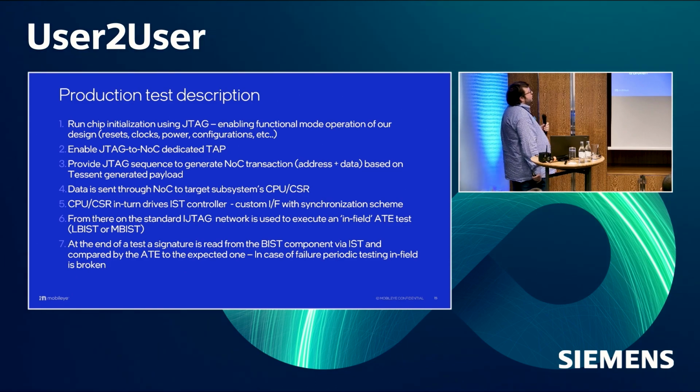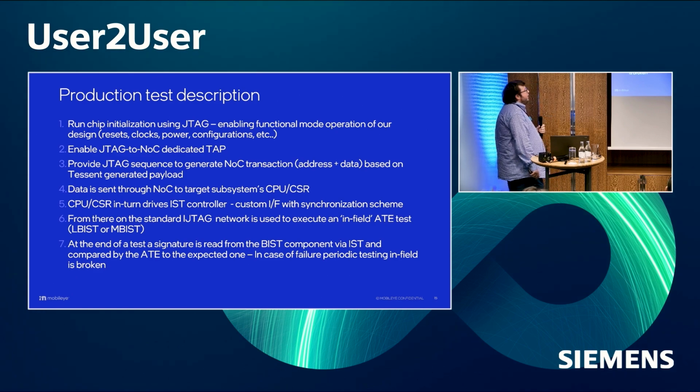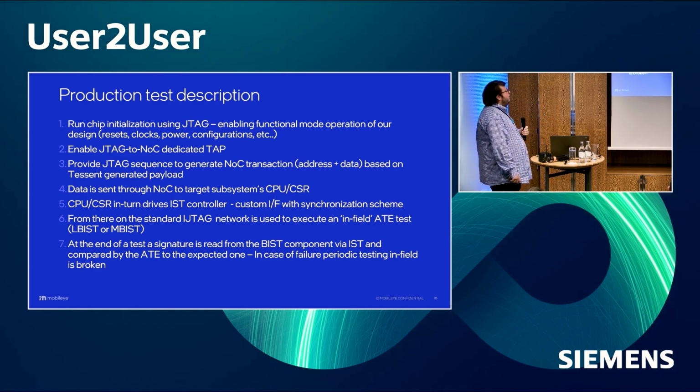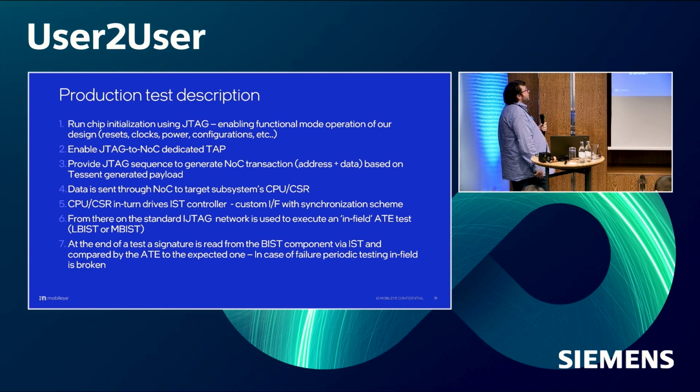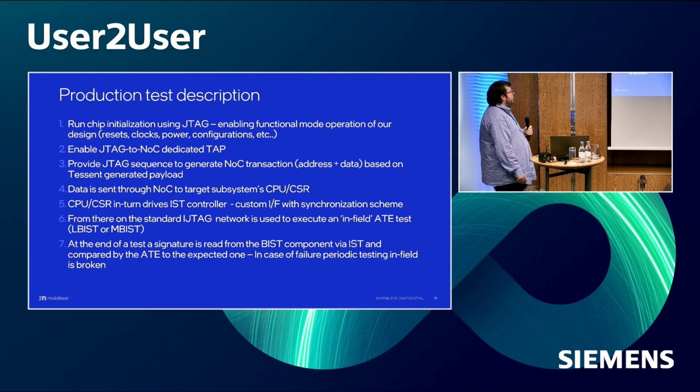For the NOC transaction, we need the NOC address plus the data that we want to send. And the data is based on the payload which is generated by Tessent. Once the data reaches the CPU, the CPU, through the custom interface, drives the IST controller.